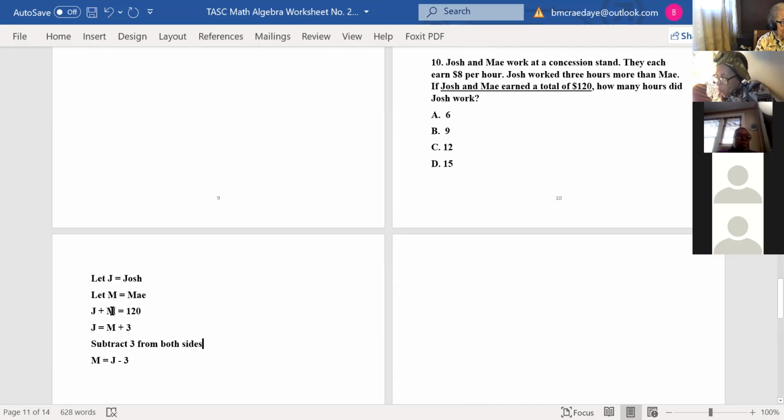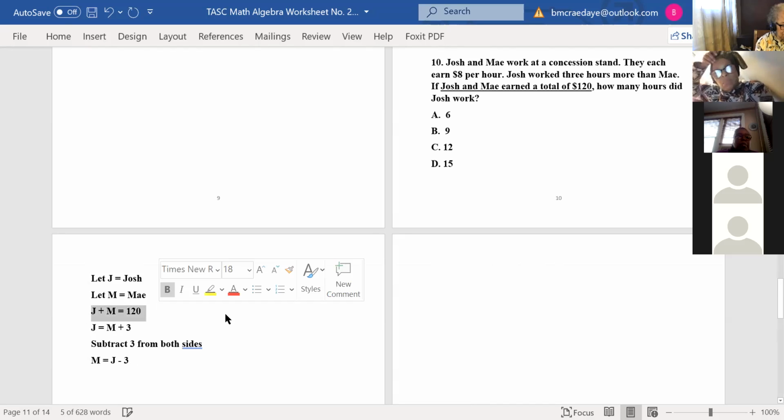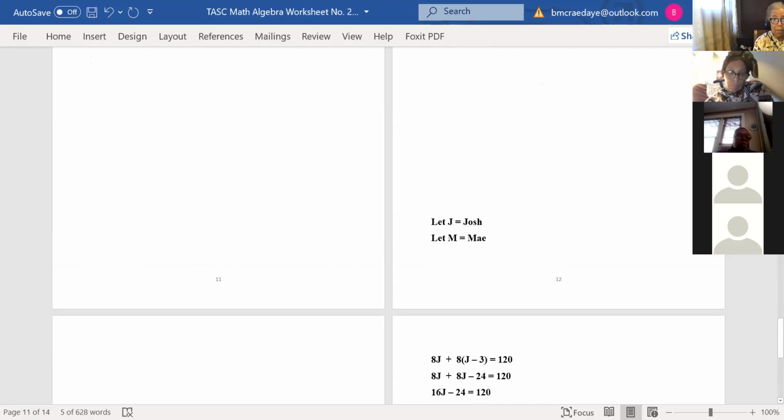Now, that means for M, we could put J minus 3, right? So we can substitute J minus 3 for M in this equation. Remember, Maureen, you were telling me that before. You were kind of jumping ahead of yourself, though.